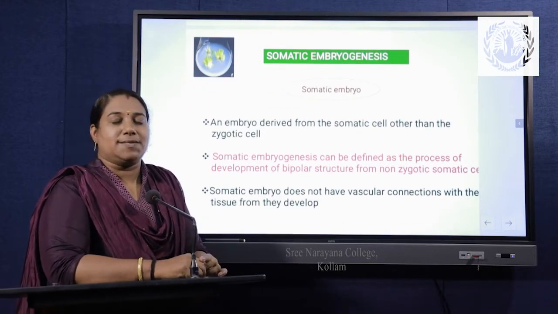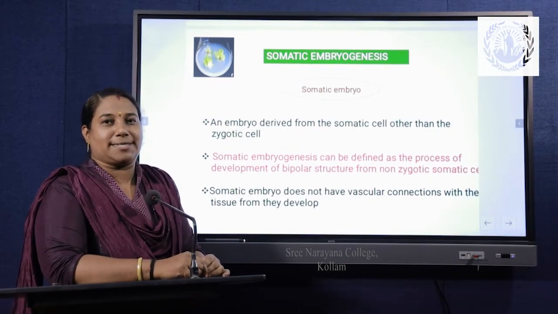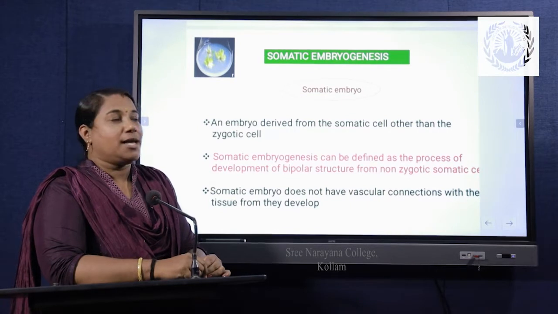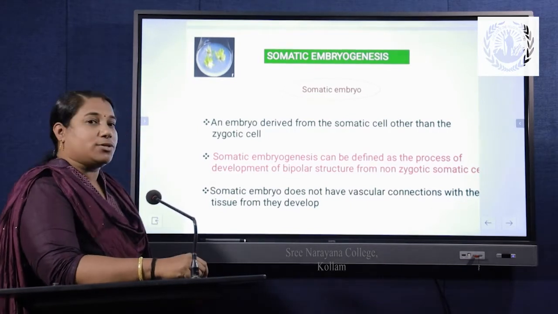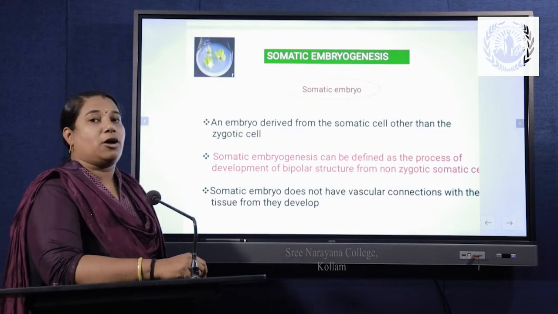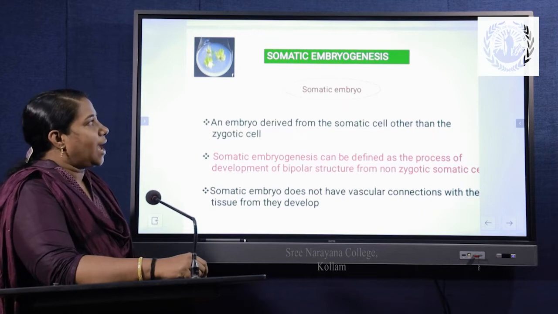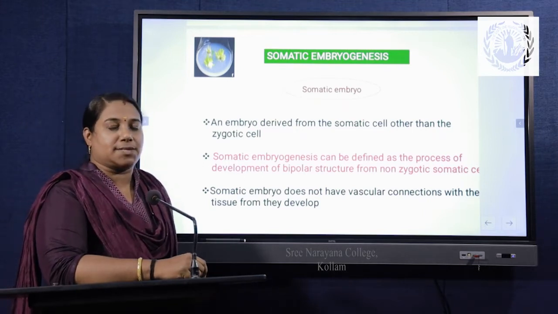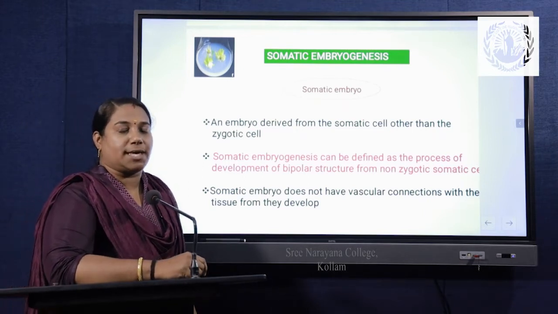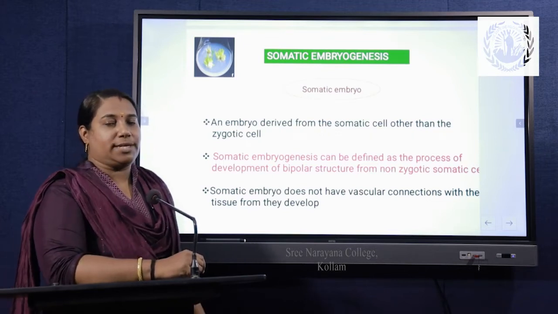Somatic embryogenesis can be defined as the development of embryos from the somatic cells. It can be defined as the process of development of a bipolar structure from a non-zygotic somatic cell. Normally, embryogenesis is the development of embryos from the zygotic cells.